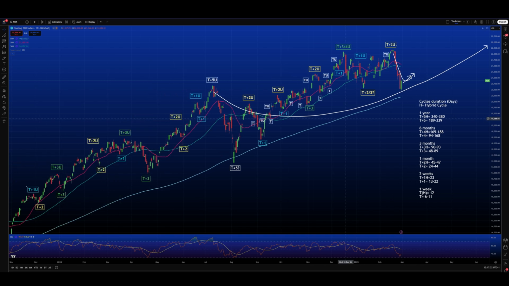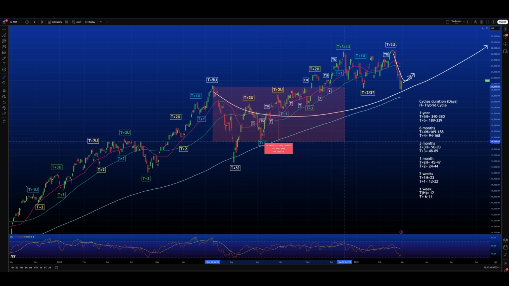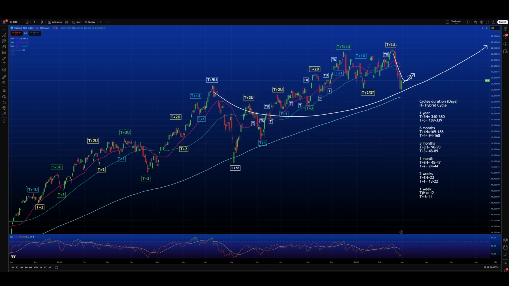Now, regarding the more midterm setting, we have to make a couple of thoughts. First of all, from the top that was made on the 10th of July until the top that we made on the 17th of December, we have 112 bars.